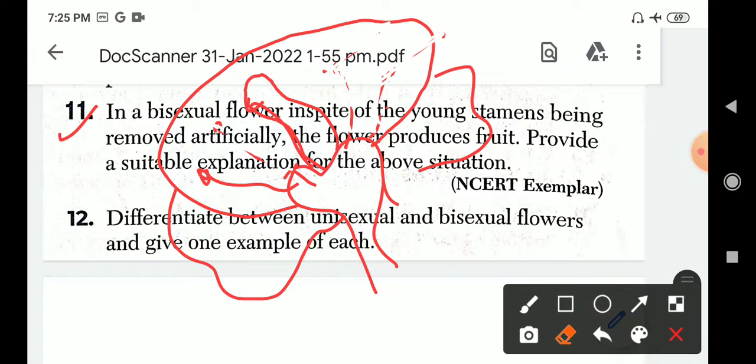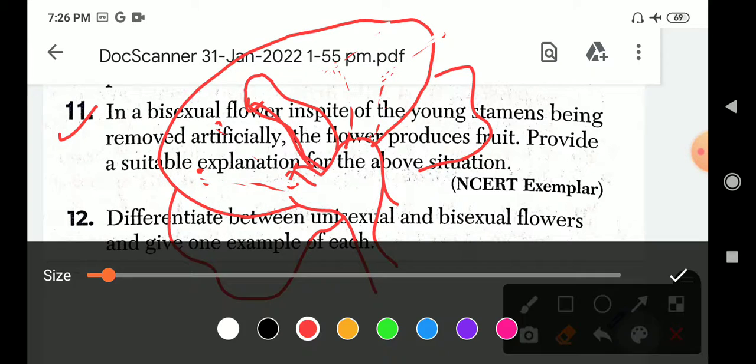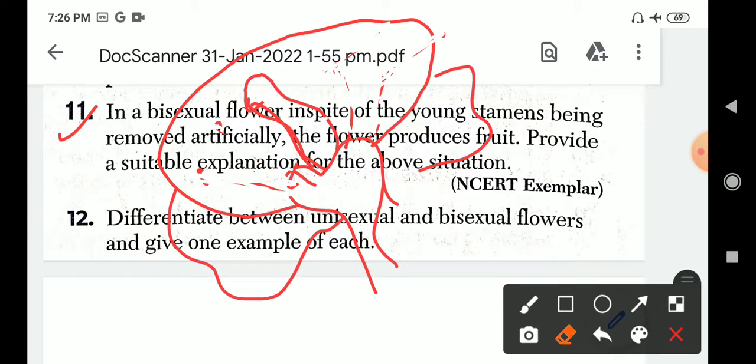This middle part, which is the female reproductive part, the ovary, obviously is still present, this portion is present, and this is the portion which converts into the fruit. The part that later forms the fruit is the ovary. So obviously, because the pistil is intact, cross pollination can occur and this will convert into the fruit, right?